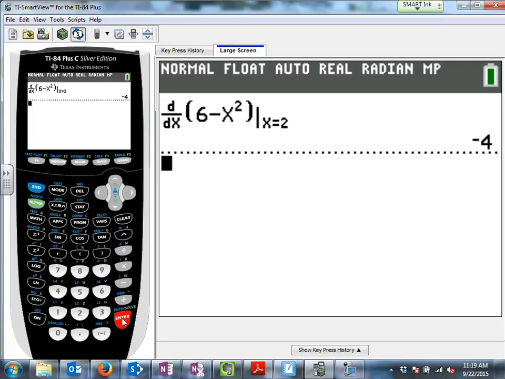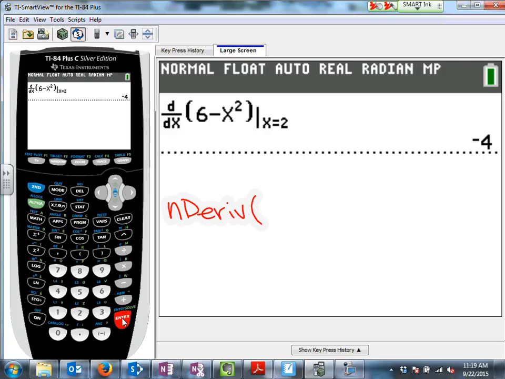There is a very good reason why I'm showing you how to use this feature in your calculator. If you have an 83 or an 84, that gives you this. Some people are going to have this.